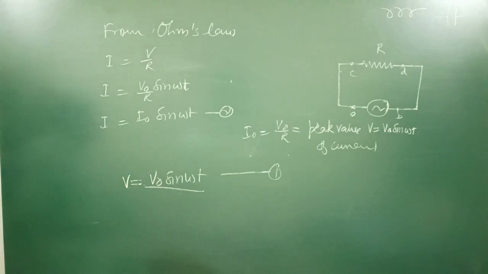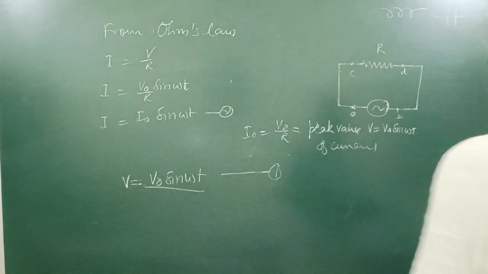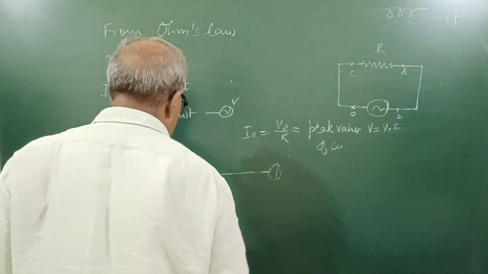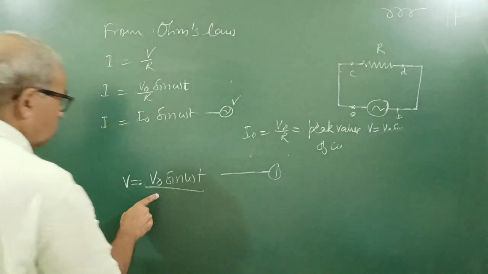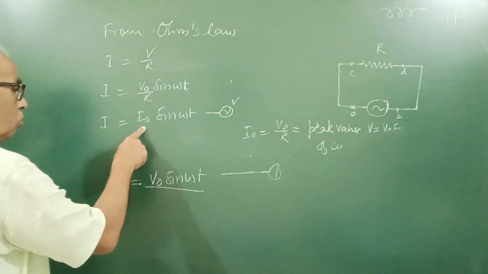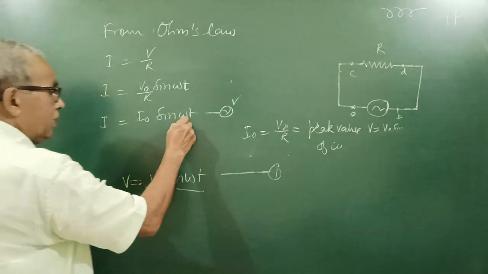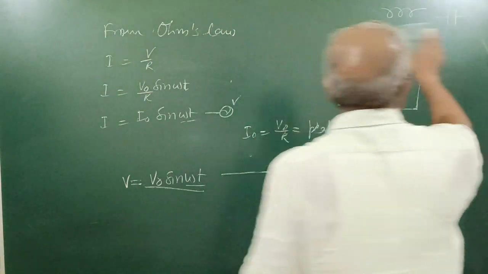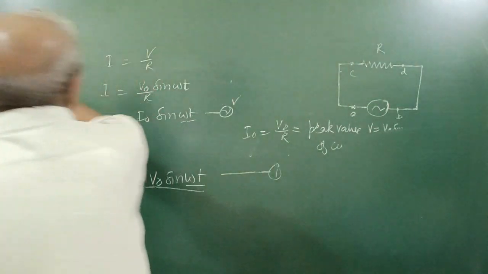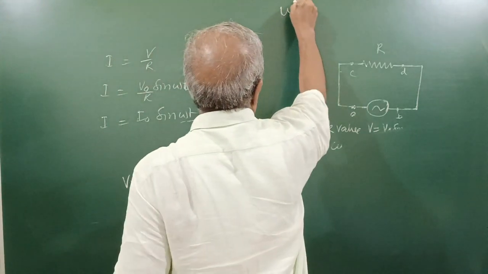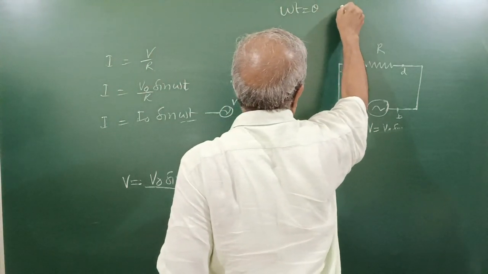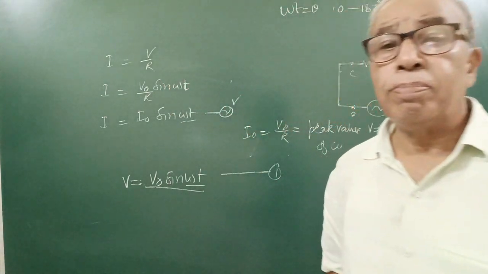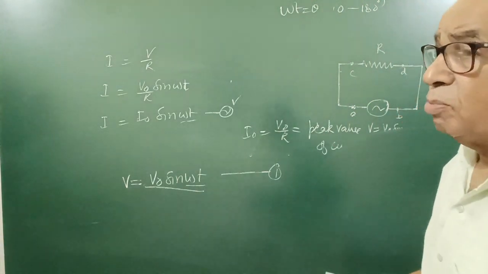What is important here to understand? Equations 2 and 1: I0 and V0, the peak value of voltage and the peak value of current. Omega t, sine is in both. In the case of sine, if the value of omega t, that is theta, varies from 0 to 180 degrees, sine theta is always positive.